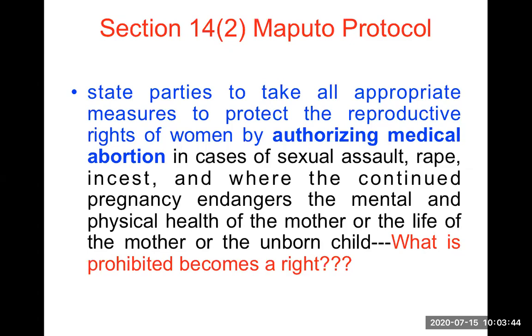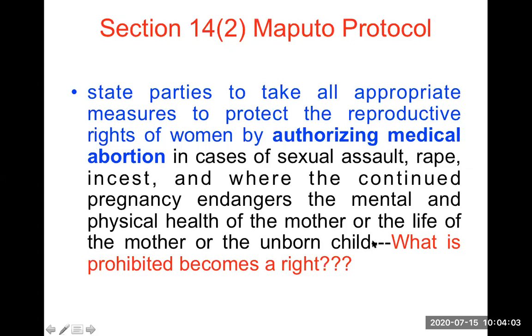And then they create the exceptions in cases of sexual assault, in cases of rape, in cases of incest, and where the continued pregnancy endangers the mental and the physical health of the mother, or the life of the mother or the unborn child.